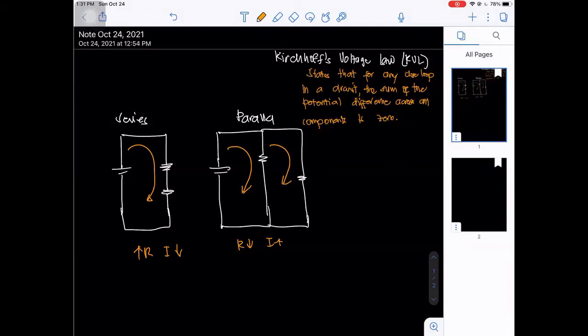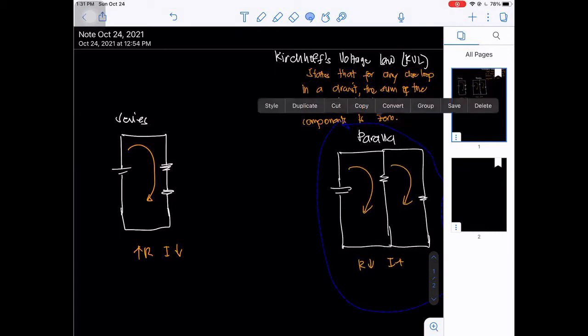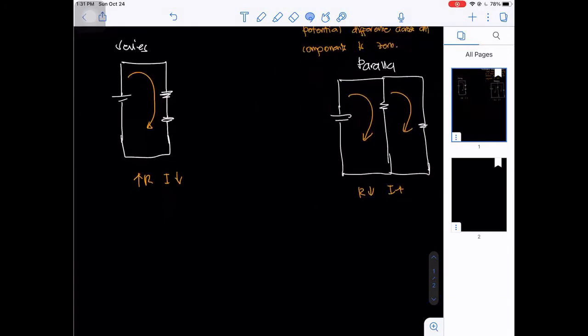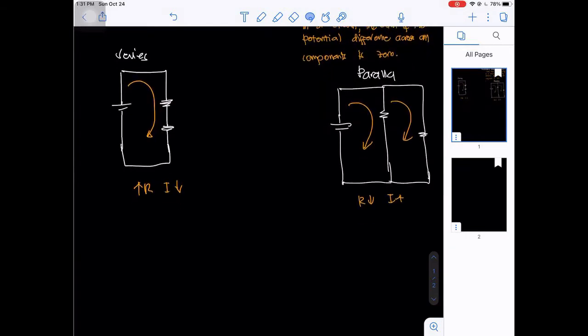Okay, so let us solve for a series circuit. Let's keep this on the side and we'll solve for the series circuit. Our first step is to determine the total resistance.